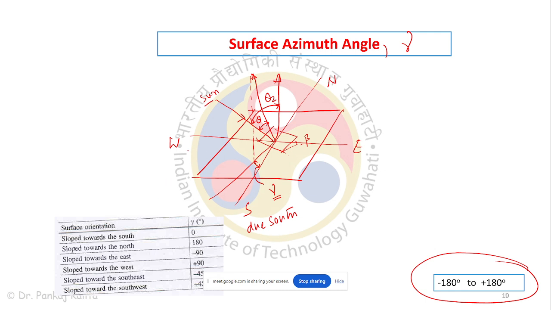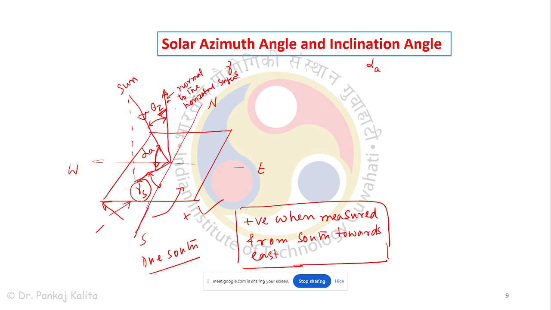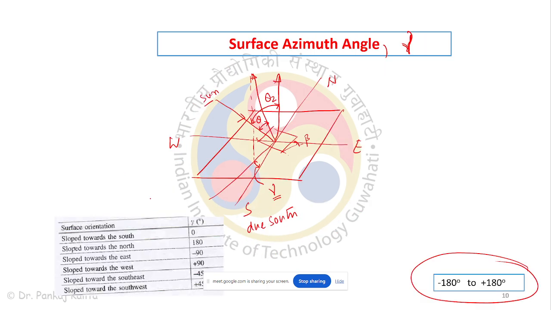The surface azimuth angle: if the surface is tilted, say at tilt angle beta, then the normal to this tilted surface, if we project it onto the plane and take its angle from due south, that will be your surface azimuth angle. It is denoted by gamma. Note that the solar azimuth angle is denoted by gamma s, and the surface azimuth angle is denoted by gamma.